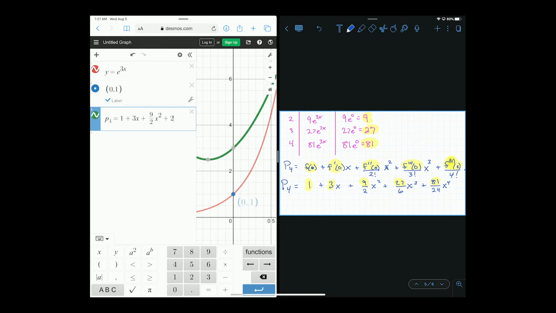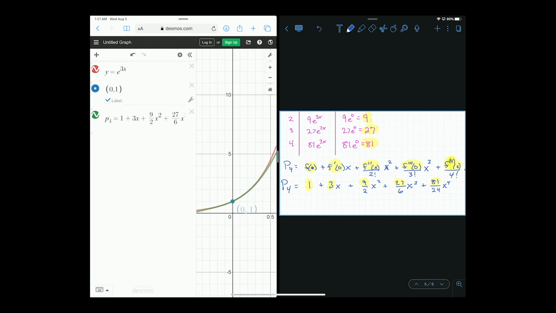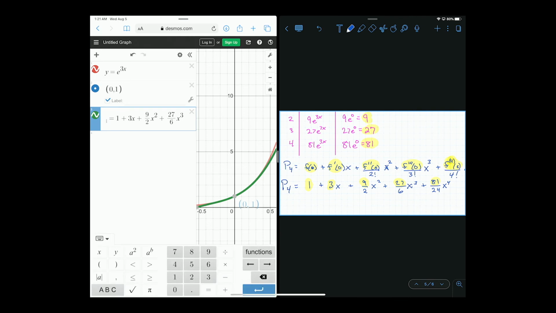Plus 27 over 6 x to the 3. See, look, it just gets better and better, doesn't it? Last term, we got one more. Plus 81 over 24 x to the 4.